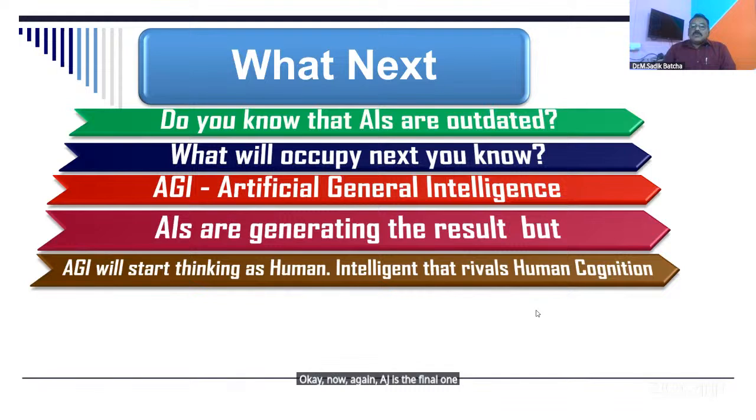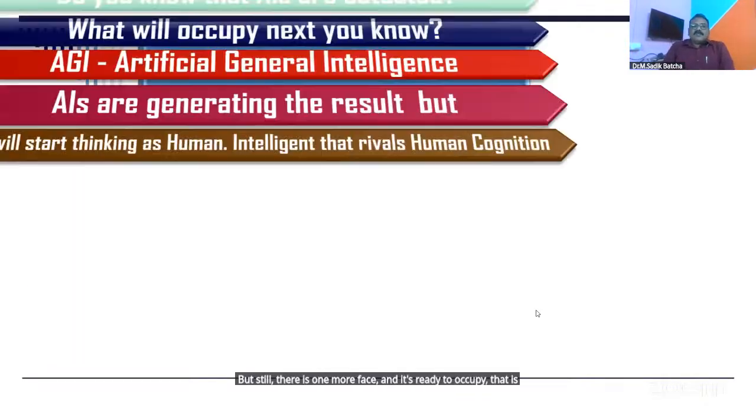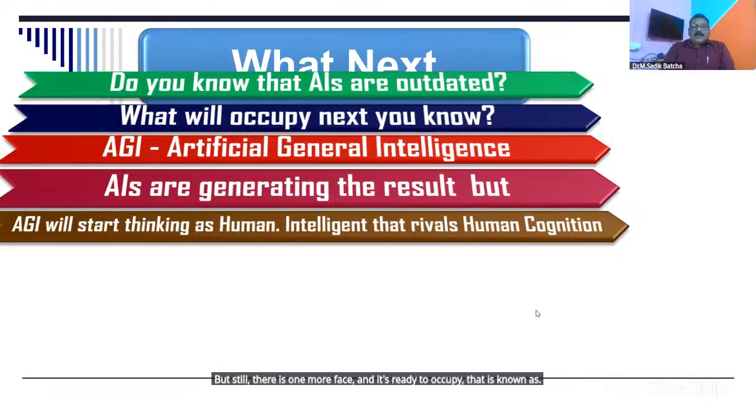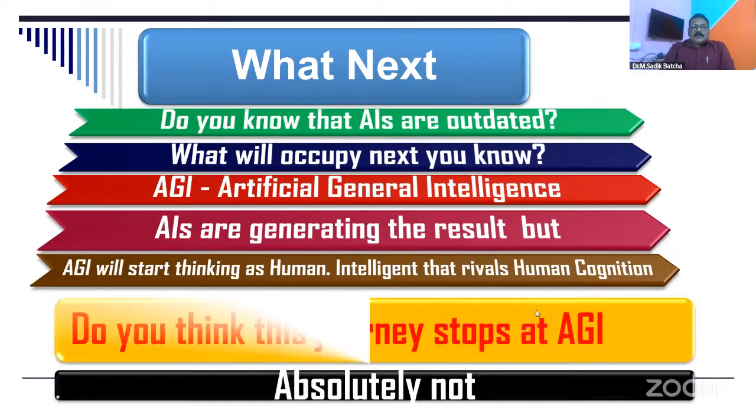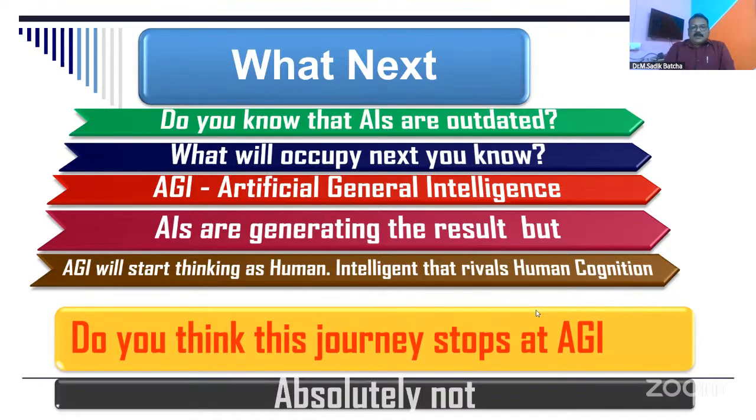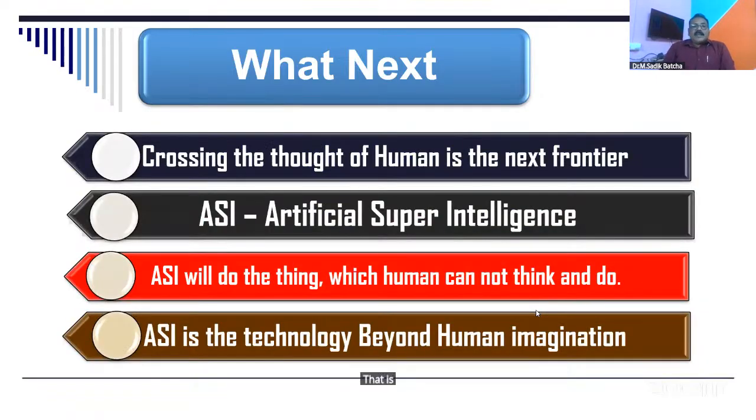But AGI is not the final one either. There is still one more fashion ready to occupy, crossing the thought of humans. It is the next frontier, known as ASI.